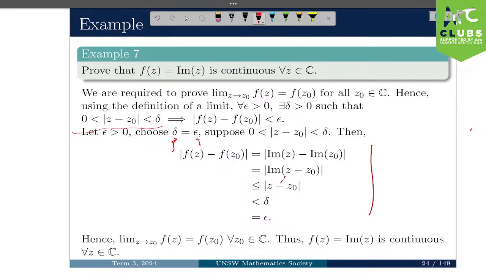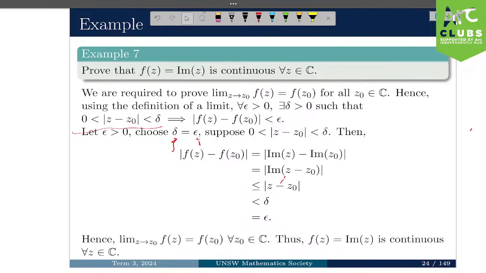If we look at it from a picture, this is the difference of the imaginary part minus z0, whereas this is z minus z0. And by Pythagoras, you can just see that if we set our delta to equal our epsilon, we get the desired inequality. And thus from there we get that the limit exists.